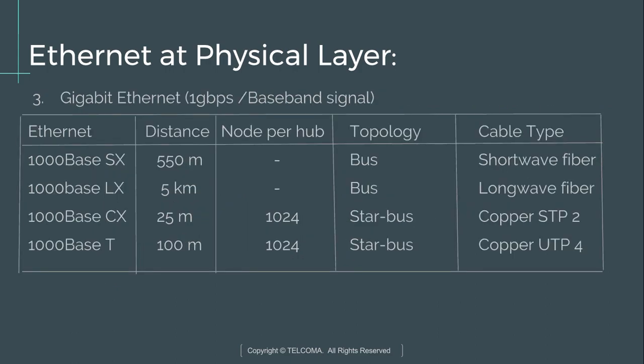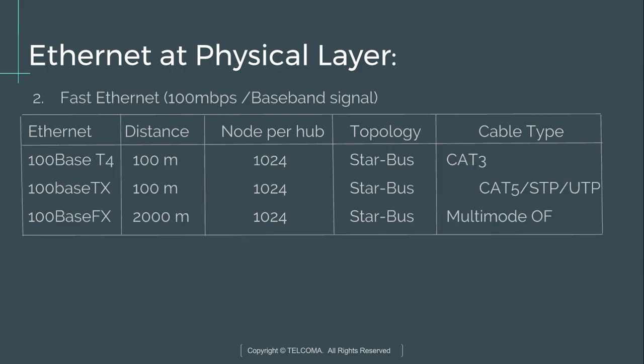In the same way, SX stands for short wave, LX stands for long wave, CX stands for copper cables, and T stands for UTP cable. Similarly, T4 stands for category 3 cable, TX stands for category 5 STP and UTP cables, and FX stands for fiber cables.